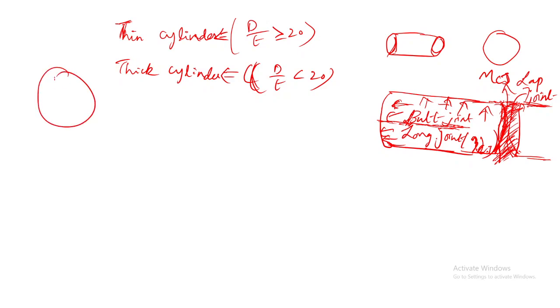For example, if it acts like this, and you are having a thin section like this, which is of thickness T, and D is the diameter, here I mean the outer diameter D. Due to this pressure, this whole boiler tends to break longitudinally as well as circumferentially.